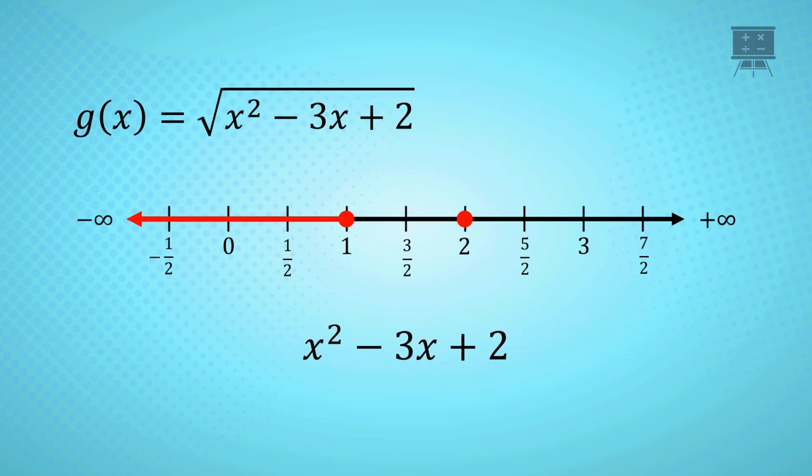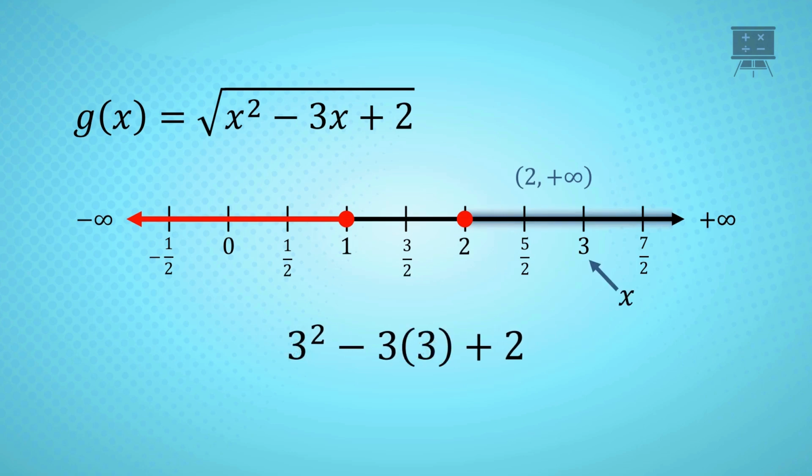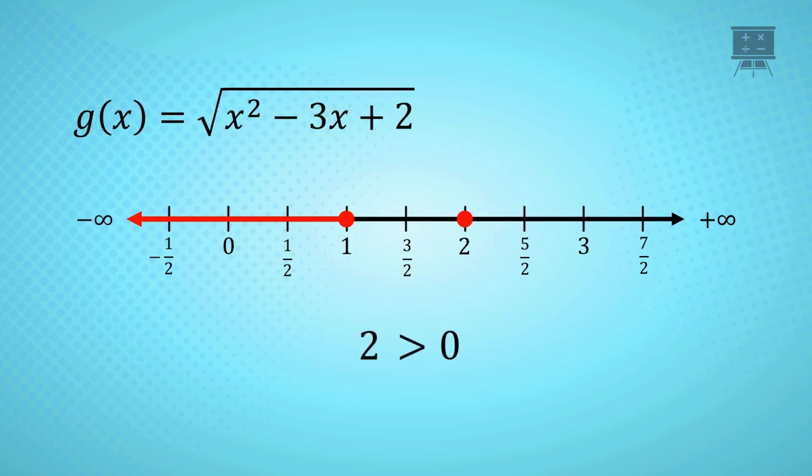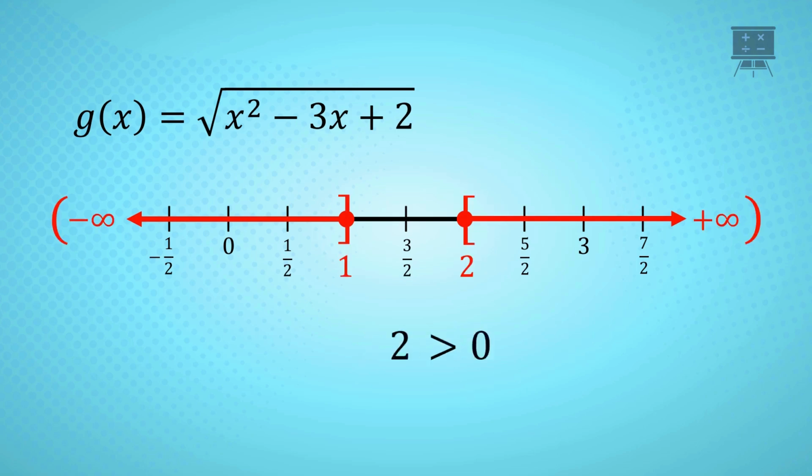For the x's greater than 2, let x equal 3. 9 minus 9 plus 2 equals 2, which is greater than 0. The interval is included. Therefore, the domain of g is the union of (negative infinity, 1] and [2, positive infinity).